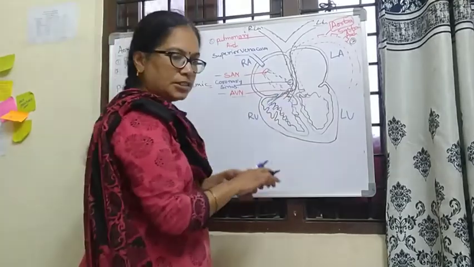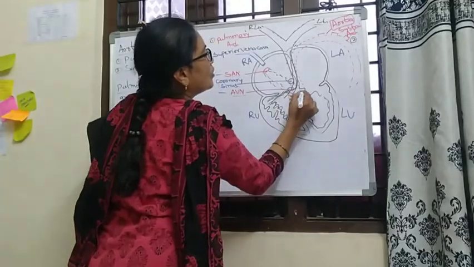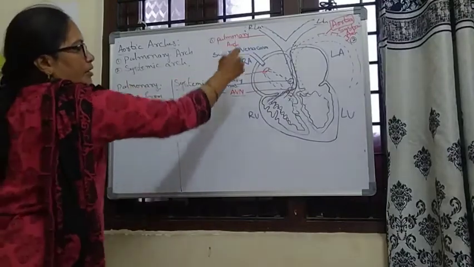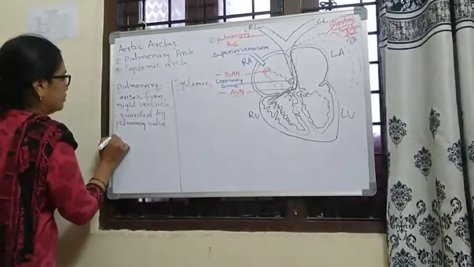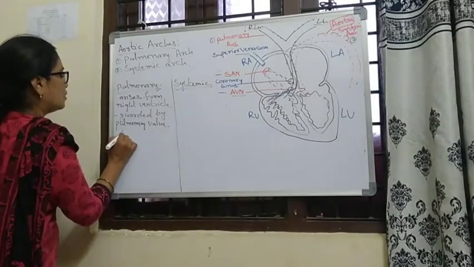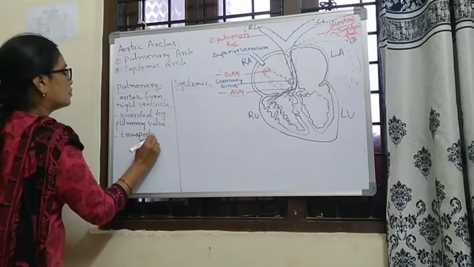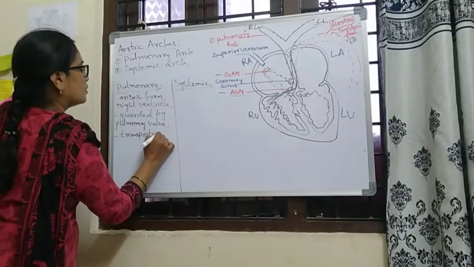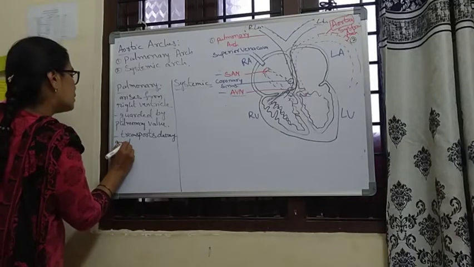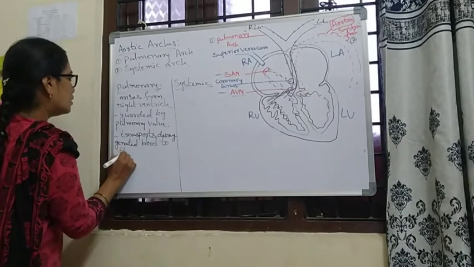Here in this region it contains the pulmonary valve, and in this the deoxygenated blood will be transported to the lungs.